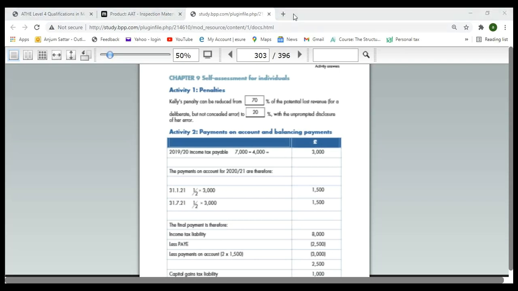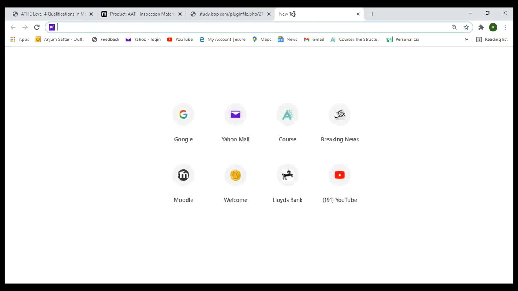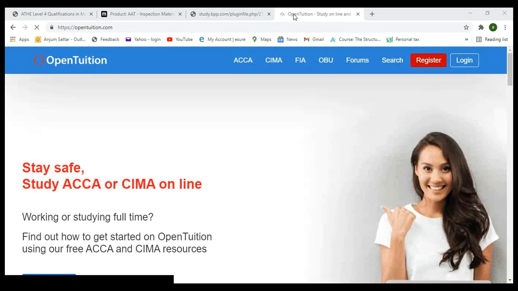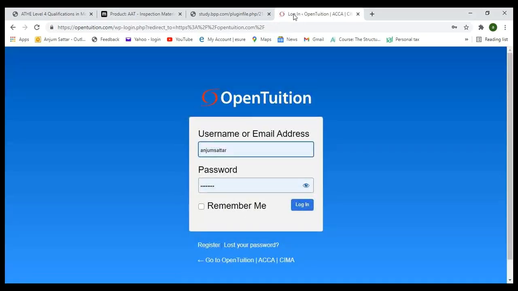Does anyone know Open Tuition? Have you tried Open Tuition? Yes, okay, good. You can set up your account absolutely free. The reason I'm telling you is that you can look around at the different scenarios, and you can download the booklet as well.